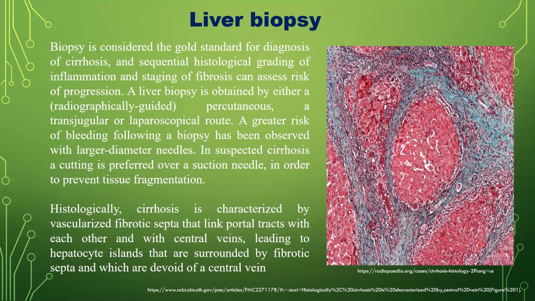Histologically, cirrhosis is characterized by vascularized fibrotic septa that link portal tracts with each other and with central veins, leading to hepatocyte islands that are surrounded by fibrotic septa and are devoid of the central vein. But you should remember, despite the pathological changes, the liver is a highly vascularized organ, and an inappropriate technique of liver biopsy or an inappropriate level of specialist education can lead to complications, which are peritonitis and of course bleeding.